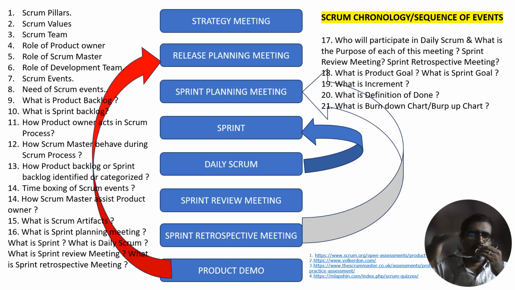So product goal and sprint goal we are categorizing as commitments. I hope you understand, right? The sprint goal is created during the sprint planning event and added to the sprint backlog. As developers work during the sprint, they keep the sprint goal in mind, right? They always need to keep the sprint goal in mind.